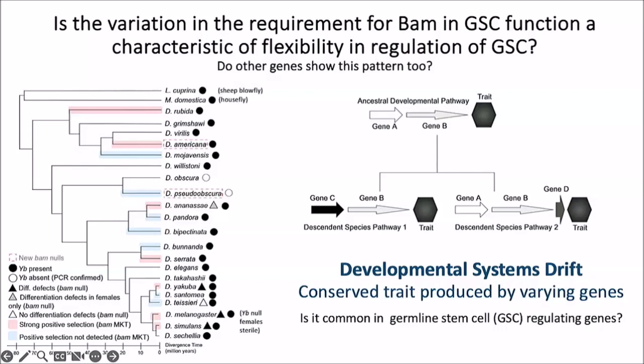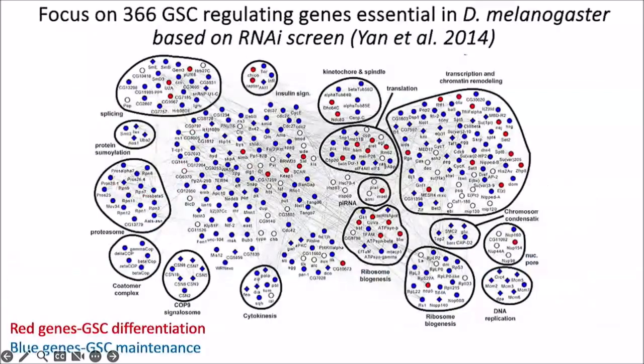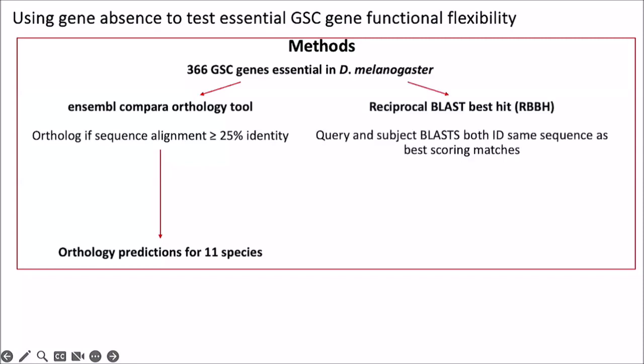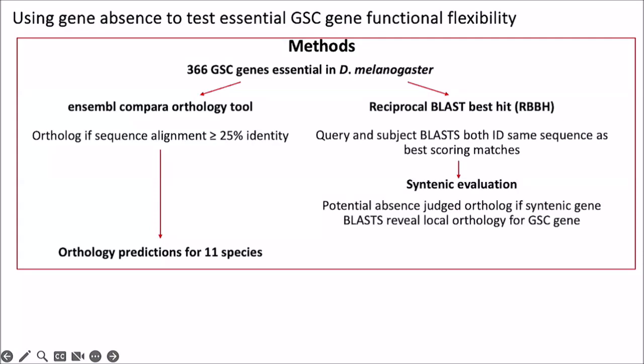So what Luke Arntz is doing in the lab right now is taking candidate genes that we know by RNAi are critical to germline stem cell function, 366 of them, and looking at those with regard to a variety of orthology predictions from Ensembl Compara, but also doing reciprocal best BLASTs and looking at synteny to make sure, if the gene is predicted to be absent, is it really absent or is it not?